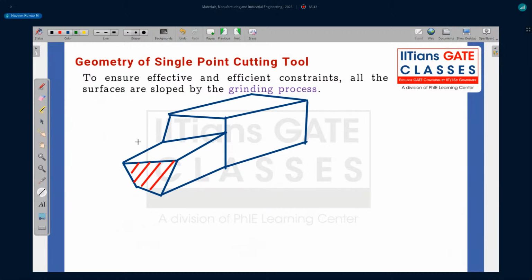And you made 2 angles in this plane or this face. And you made 2 angles in this plane.